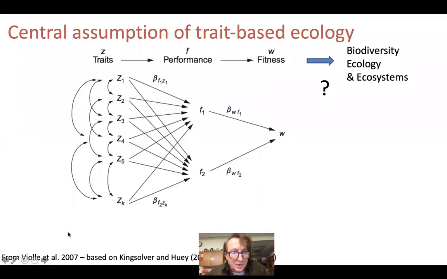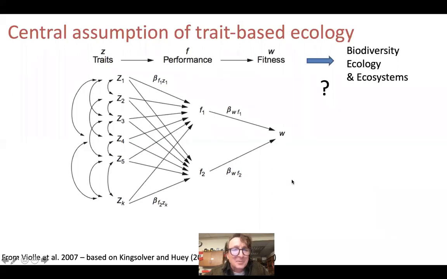We can trace this to several different authors. I took this figure from a paper by Viola et al. 2007, who I believe took it from Kingsolver and Huey in 2003, who took their figure from Arnold in 1983. And probably Arnold took this figure from somewhere, but I haven't figured that one out yet.